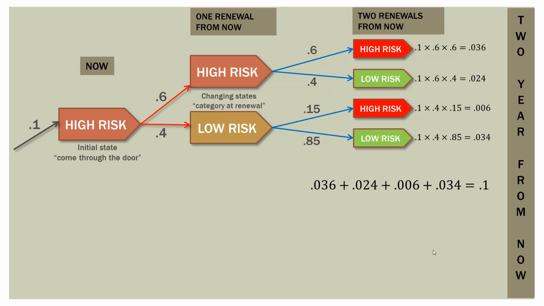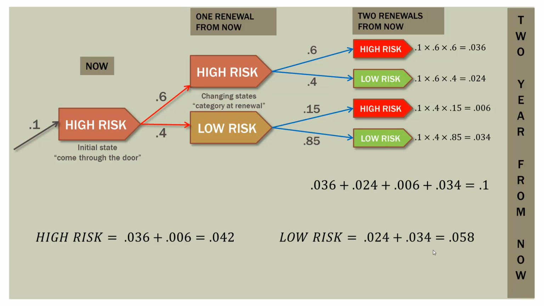Now let's say we're interested in the high risk ones. The high risk there is 0.036 and 0.006. If we add those together, we have 0.042. Those are the high risk. Now, the low risk, 0.024 and 0.034.